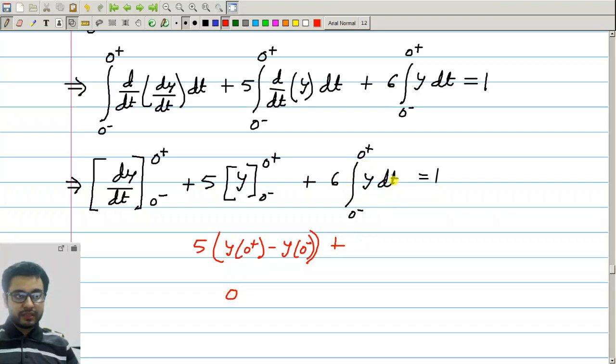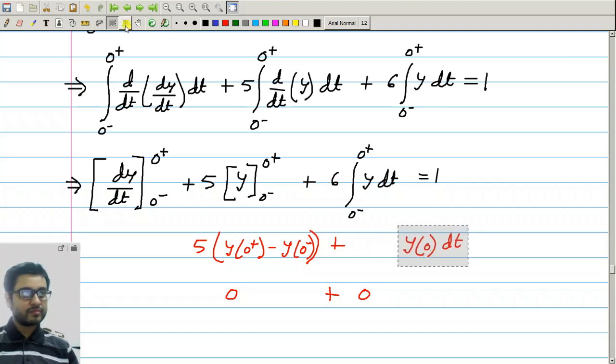Then this term will also become 0 because y cannot have a delta function in it, and other than delta function, any normal function, when you integrate within a very small region, that will become 0, because this is same as the value of y at that point multiplied by dt with the limit dt tending to 0. So this will also be 0.